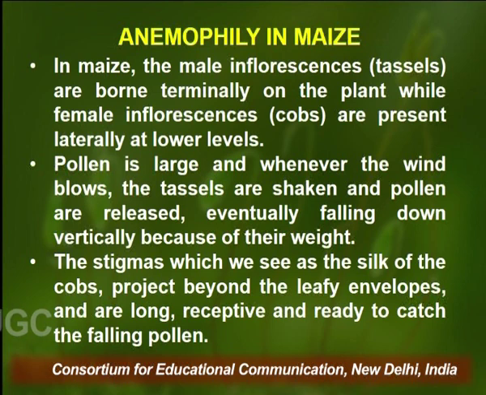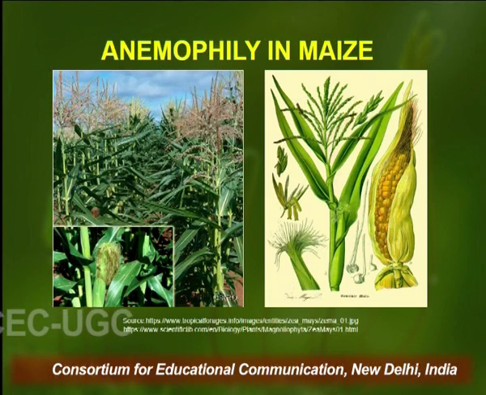You would have seen in sweet corn also that the cob has those silk like threads coming from those leaf like structures, and these are the stigmas. So they project beyond the leafy envelopes, they are long receptive and they are ready to catch the pollen whenever the pollen fall down.